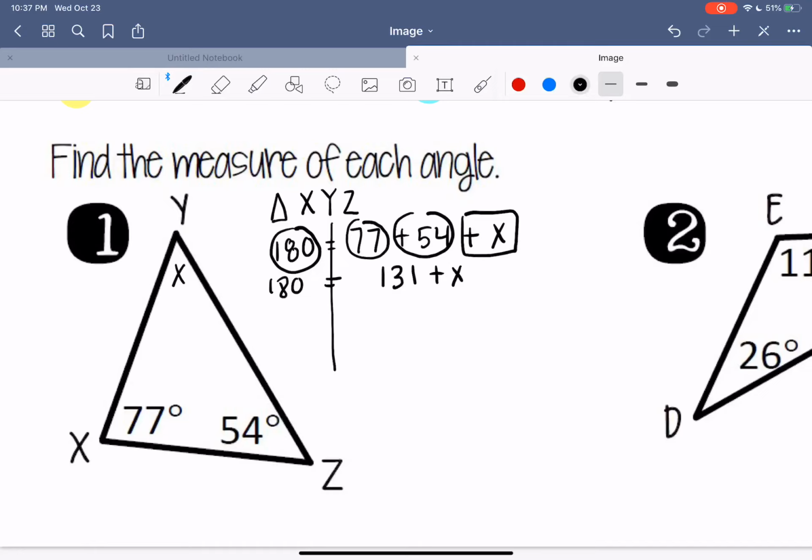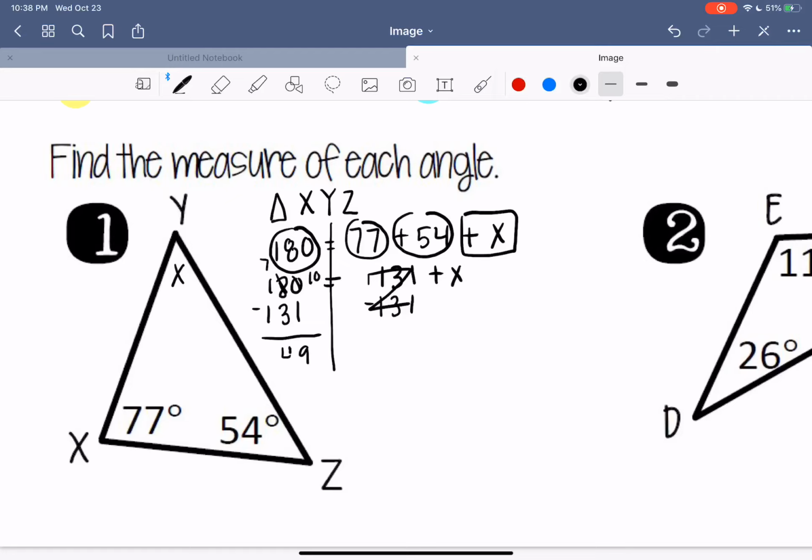And then from here, as we see that there aren't variables on both sides, we can go to step 3, which is to see if we have constants, and we do. So we're going to have to do the inverse operation of 131, a positive, and this will become 0, and 180 minus 131 is, give you some time to think, this will become 7, this will become 10, 10 minus 1 is 9, 7 minus 3 is 4, and 1 minus 1 is 0.